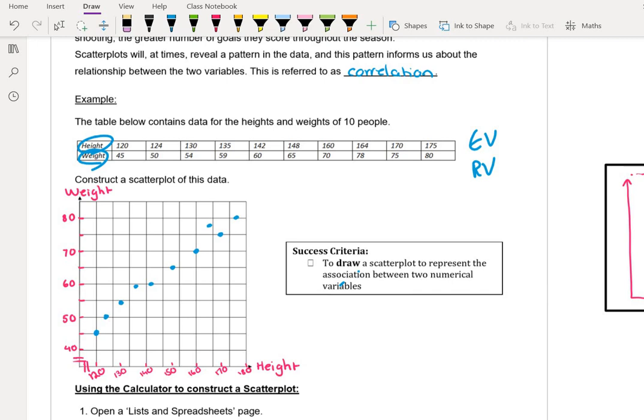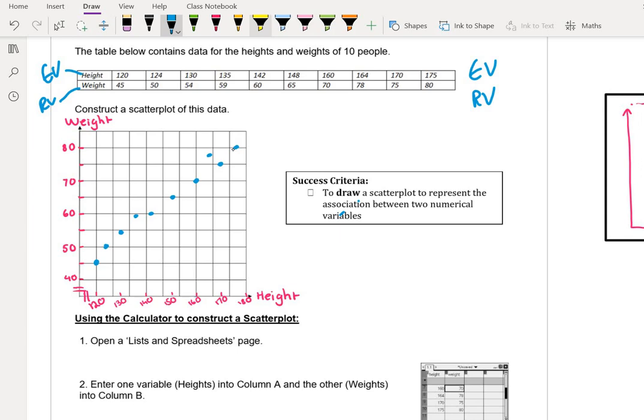You need to use a bit of common sense here: generally, if someone's taller they'll weigh more, but not necessarily the other way around. So the EV is going to be the height, and the RV is going to be the weight. According to that, you put those two variables in the right place, with the EV on the x-axis.